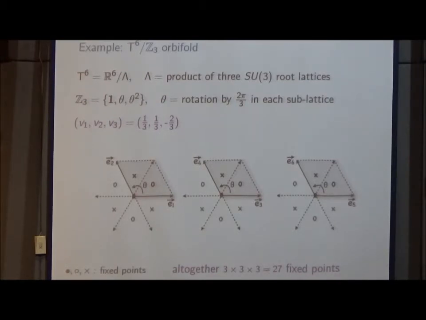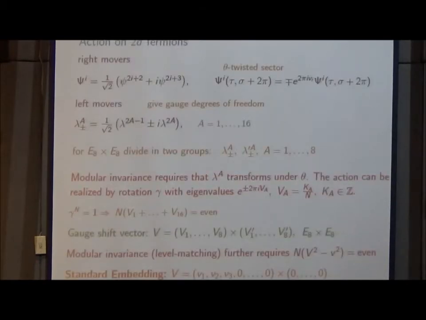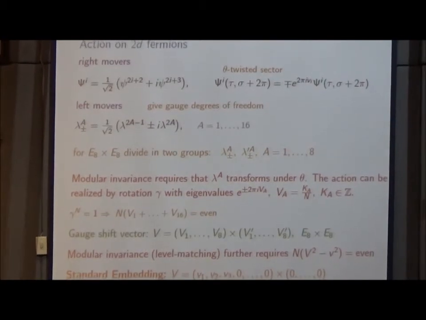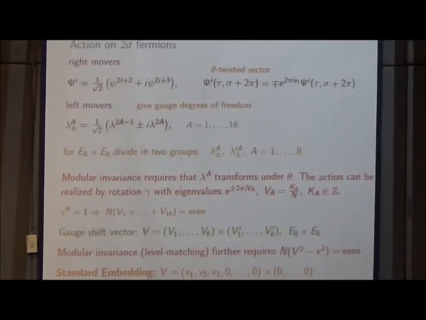Okay, so I was maybe ahead. I told you that you also need an action on the fermions. Well, for the right sector, these fermions also have a vector index. So I can also go to complex coordinates like I did for the X's. The same way, I construct some combinations like this.